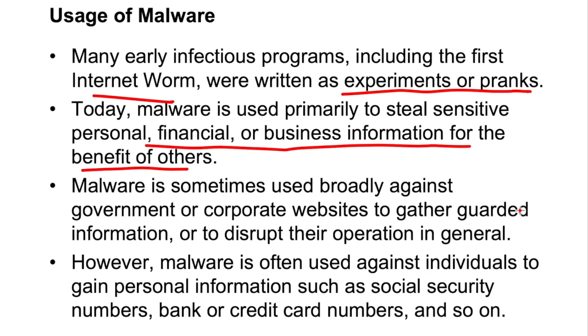However, malware is often used against individuals to gain personal information or social security numbers and bank accounts. So on the personal level, it could be personal information, bank cards, credit cards, whereas on the corporate or government side, that could be to disrupt their operation or gather some information that otherwise may not be public.